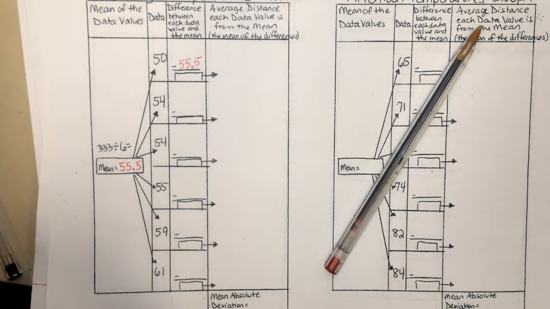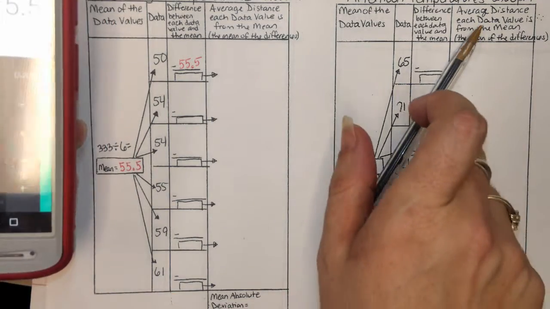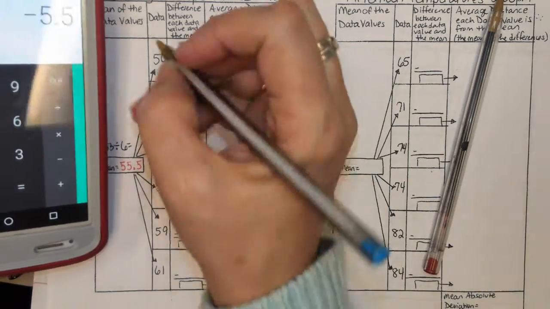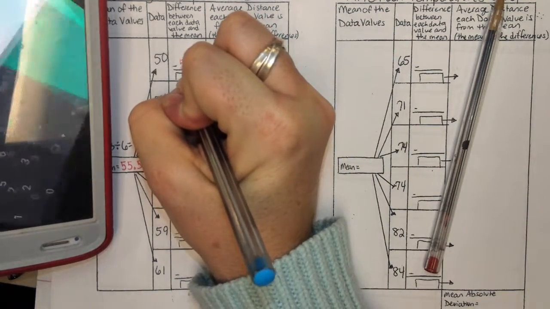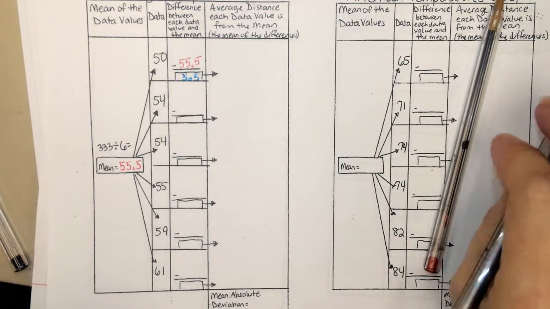So 50 minus 55.5 equals negative 5.5. So, since it's negative and distance is always positive, right here in this box, I'm just going to write 5.5. I still get it. Okay?